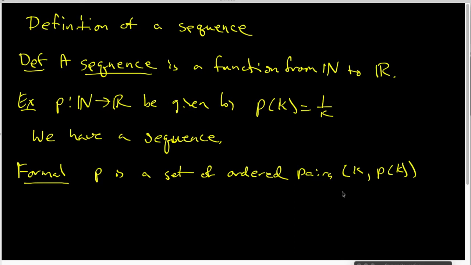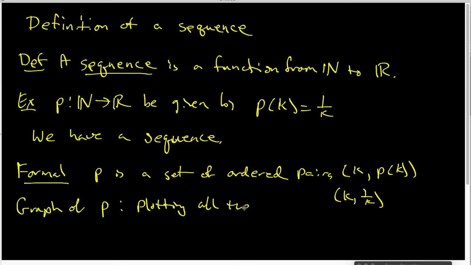So in our example, they would look like k comma 1 over k. And because of this, the formal notion of the graph of a sequence is simply found by plotting all the ordered pairs of the form k comma 1 over k.